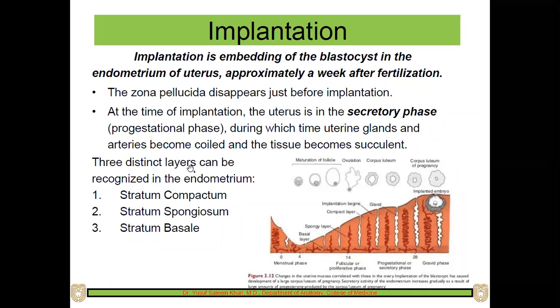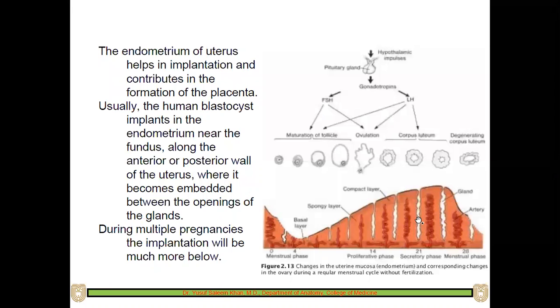Three distinct layers can be recognized in the endometrium. You might have already studied the three layers within the endometrium. That is the stratum compactum outside, then this big layer, the stratum spongiosum, and the lowermost layer, the stratum basale. The blastocyst gets implanted into the compactum and the spongiosum.